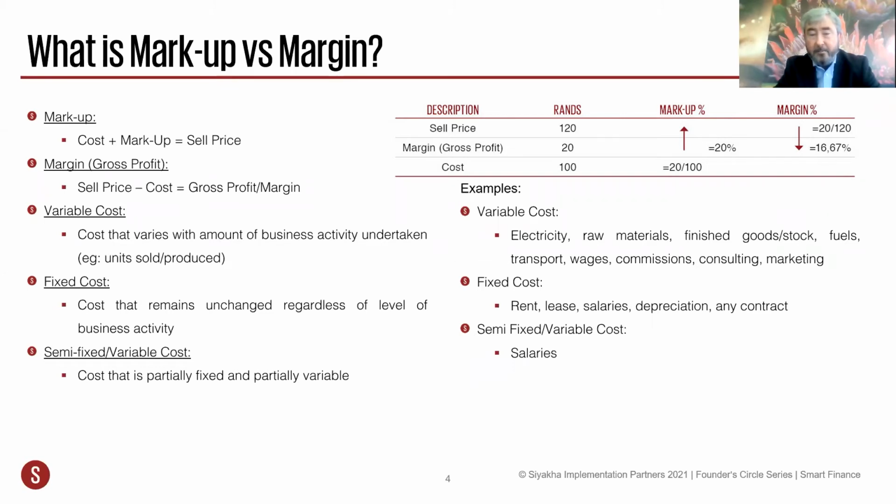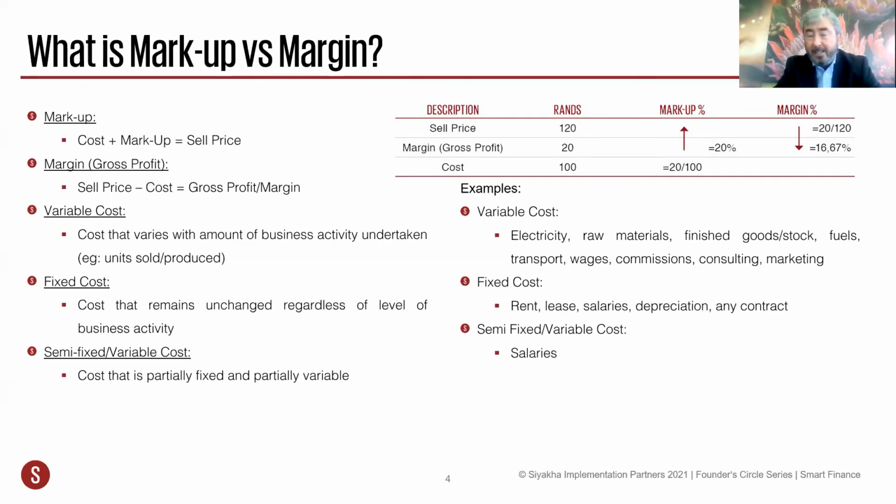If you were a manufacturer, for example, electricity would vary based on the level of production that you use. If you were a transporter, your cost would vary relative to the amount of transport and fuel that you're using. Your agents selling on your behalf would have costs that vary in terms of commissions linked to the amount of sales they make.